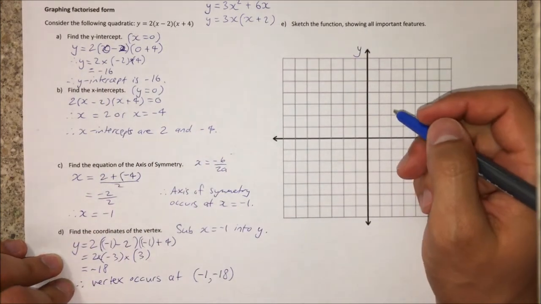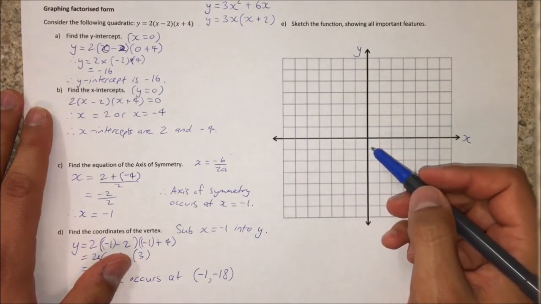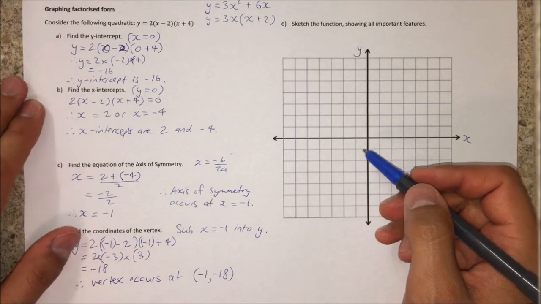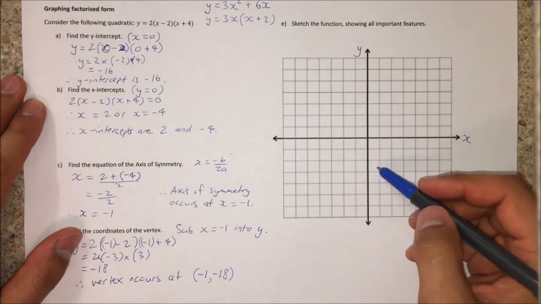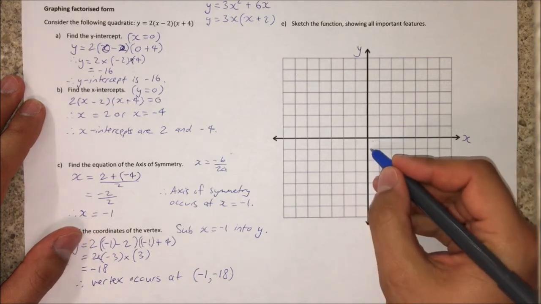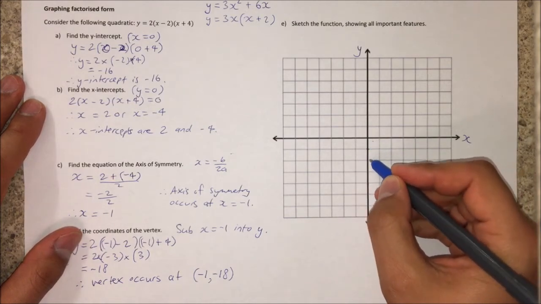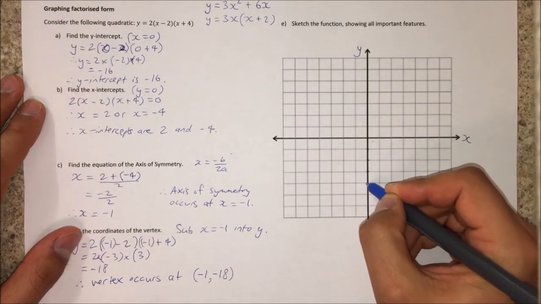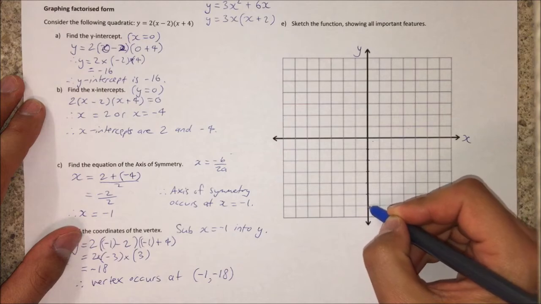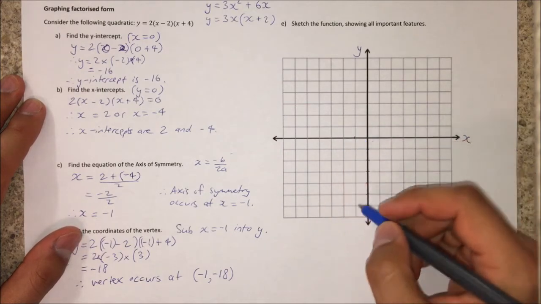So we can now just plot it. Now we don't quite have enough room, so we're going to have to change our scale. So we know that our vertex is all the way at negative 18. So we can go down in threes. So we can go down in negative 3, negative 6, negative 9, negative 12, negative 15, negative 18. And we can still go across in ones though.